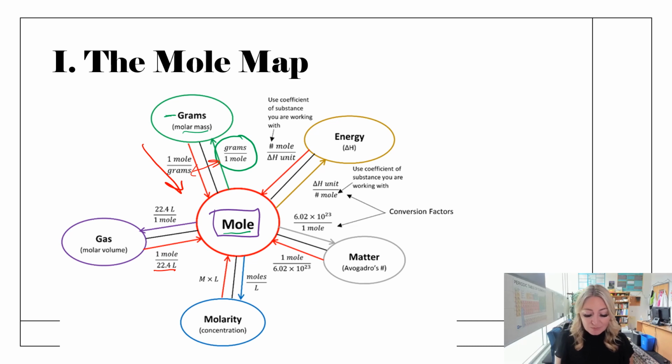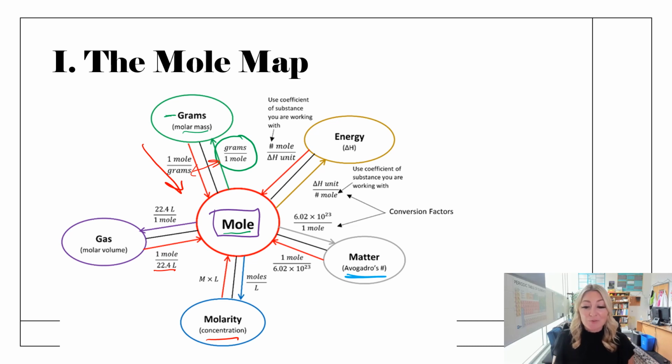We can also describe molarity and moles, so we can do moles per liter to calculate the concentration, or we can use molarity times liters to tell us how many moles are in a particular substance at a particular concentration. We have talked also about using Avogadro's number to know that there is 6.02 times 10 to the 23 atoms or molecules in a mole.